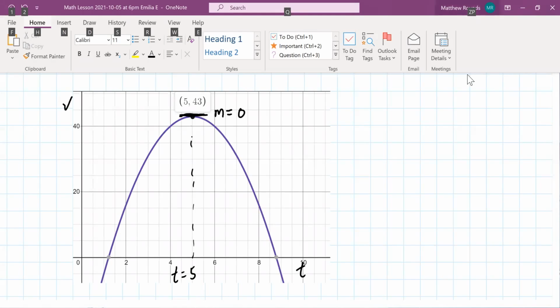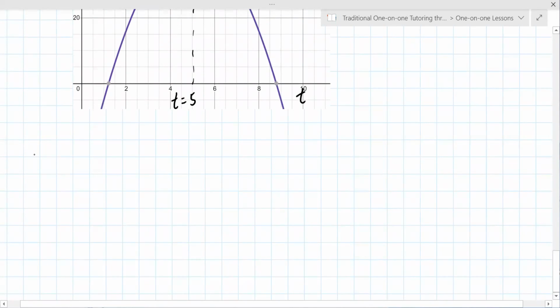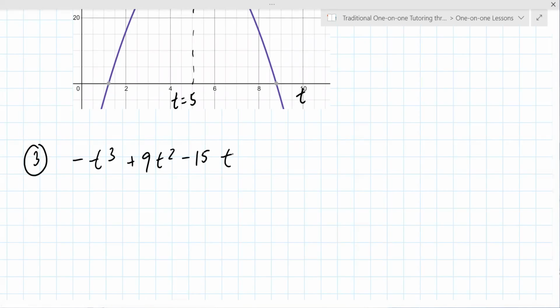The position is minus t cubed plus 9t squared minus 15t. So what's the velocity of this?